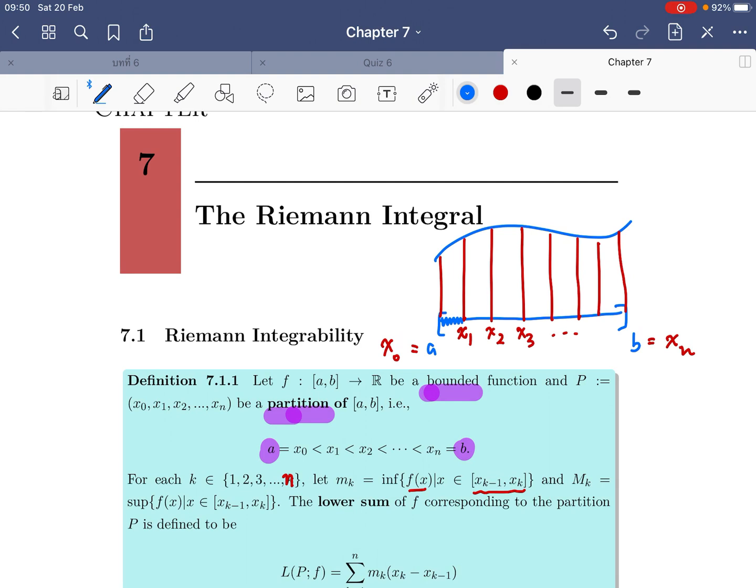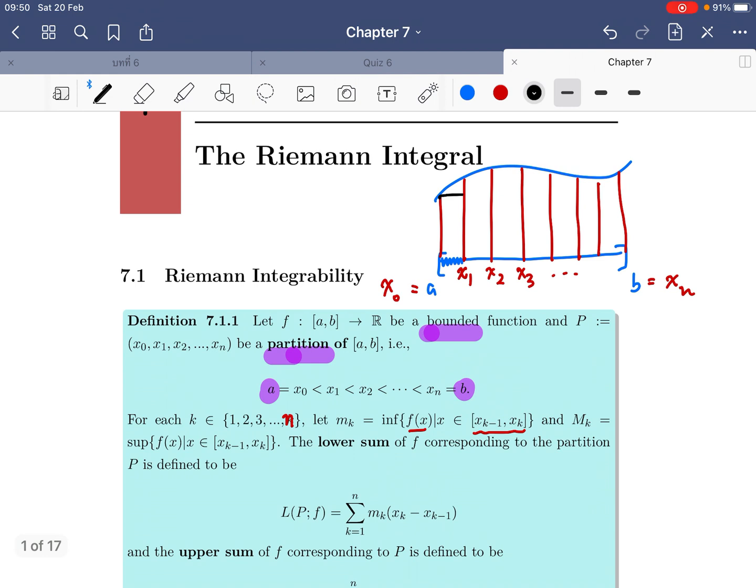So for example, for this one, the infimum is right here, so you are going to choose it right there. And sometimes if the infimum is not at the left end or the right end, you need to choose that minimum, or that infimum of the function instead. Later on we are going to have an example.